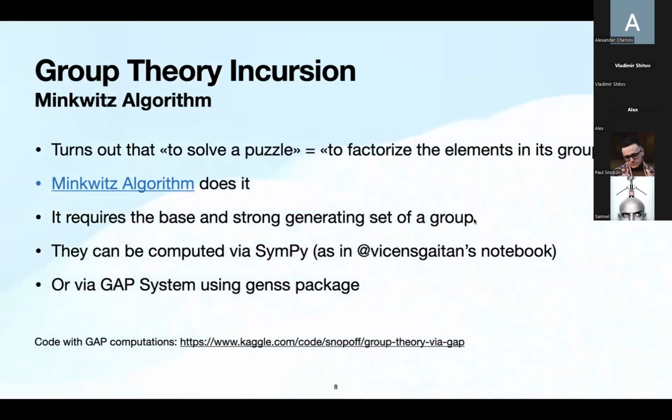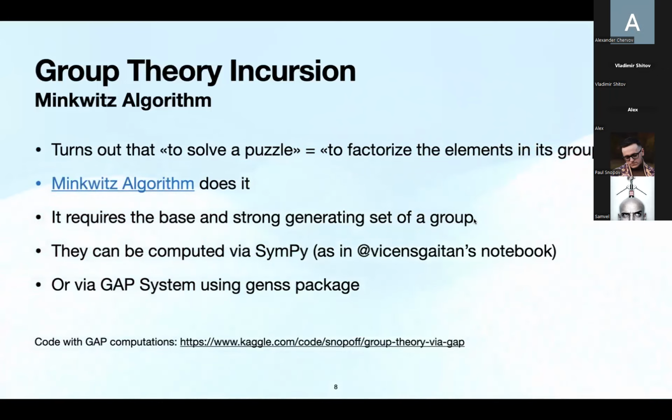And it requires a base and strong generating set of a group. It's some mathematical things in group theory. Well, a strong generating set, for example, is just like typical generators, but a little different from that. And SymPy actually computes all of that. As I said, Wissens-Gaetan has done it, but it's also quite computationally expensive, and it takes some time. But one can use another computer algebra system, for example, GAP, which can provide some faster algorithms.